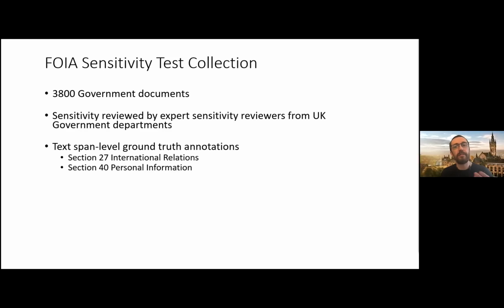And they reviewed it for 2 of the Freedom of Information exemptions. Section 27, which is international relations, the one that we've been highlighting so far. You don't want to damage the international relations of the UK. And the second one is personal information. Now, personal information is again a categorical category in this context.